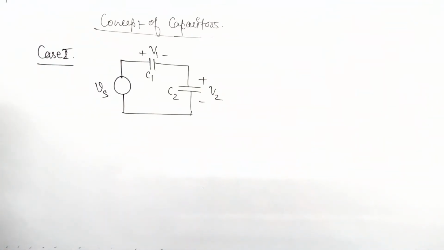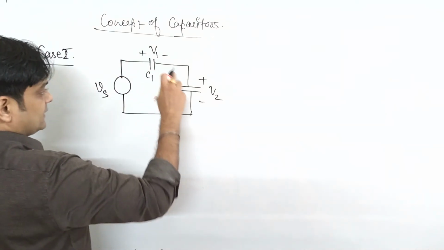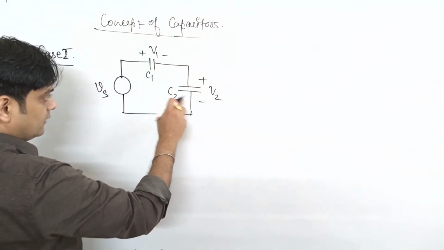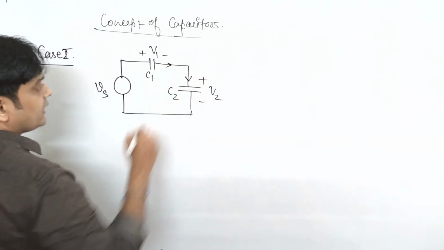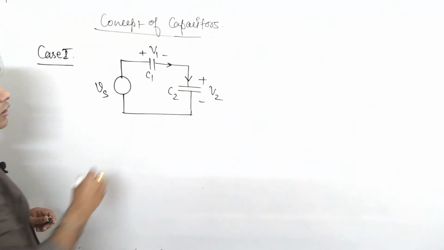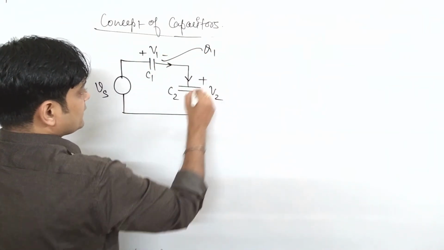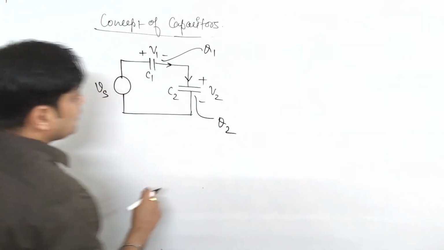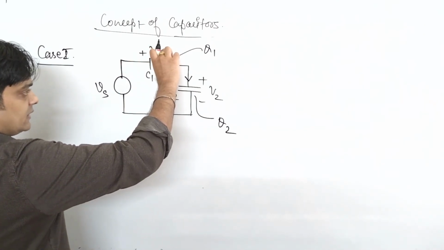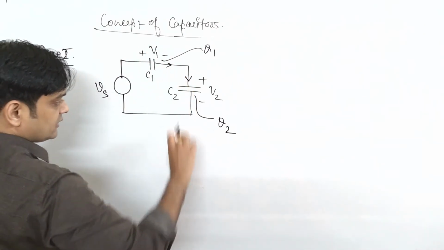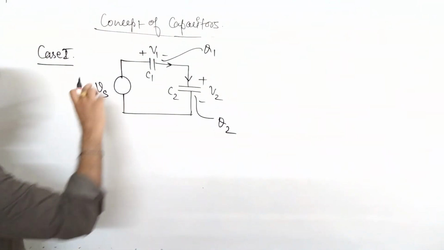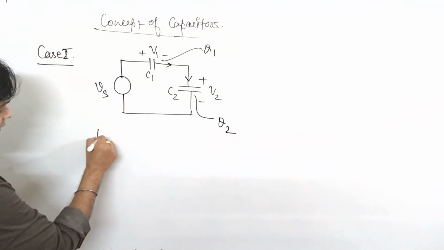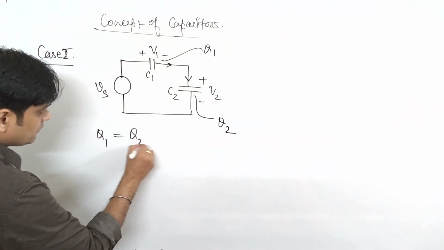So first we will see case 1 in case of voltage division. Keep in mind, when capacitors are in series, the same current is flowing here. So as per the concept, whatever the charge appears at capacitance C1, that is Q1, and whatever the charge appears at capacitance C2, that is Q2, and when they are connected in series, the value of Q1 and Q2 is equal.